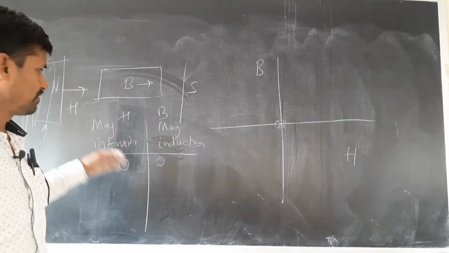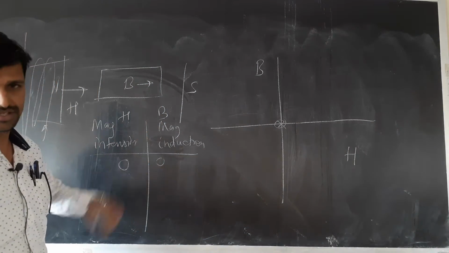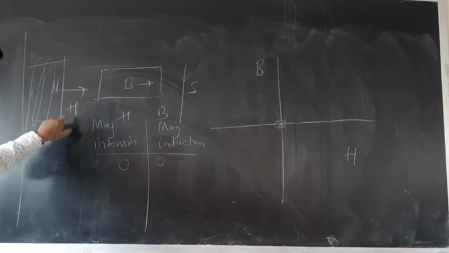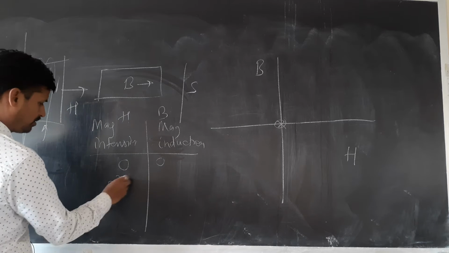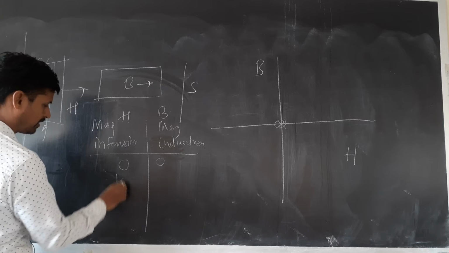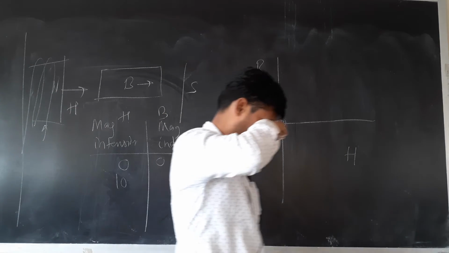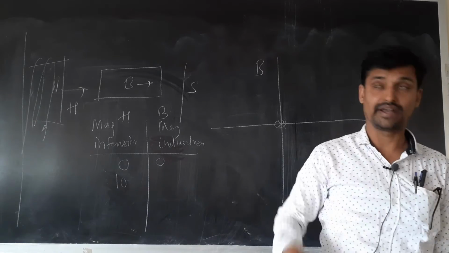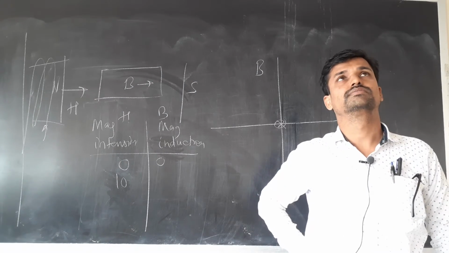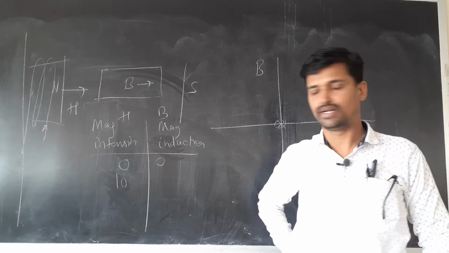Go on increasing H now. Say we have made H 10 ampere per meter.